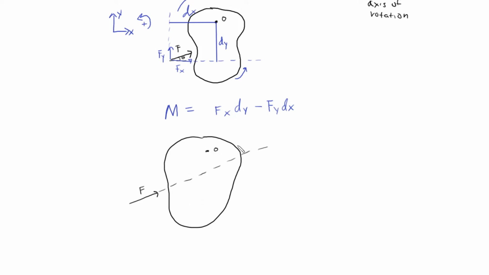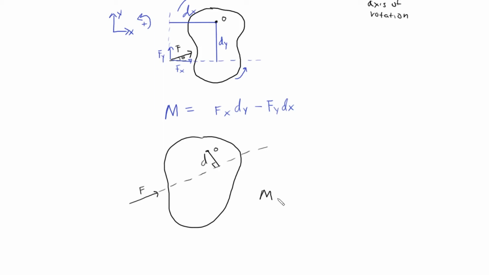So we actually have to find the only line that is perpendicular to this dashed line, which is somewhere around here. And we can only use that distance when solving for the scalar quantity of the moment. So this would be some arbitrary d.